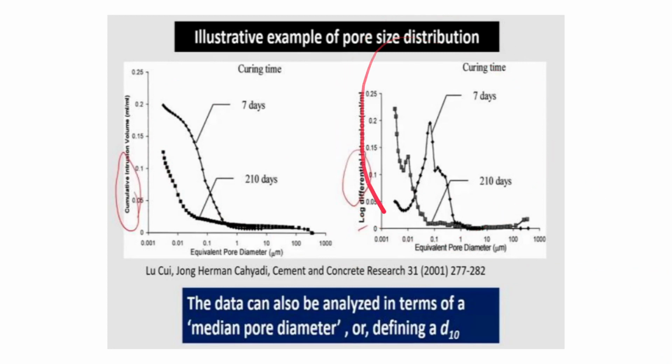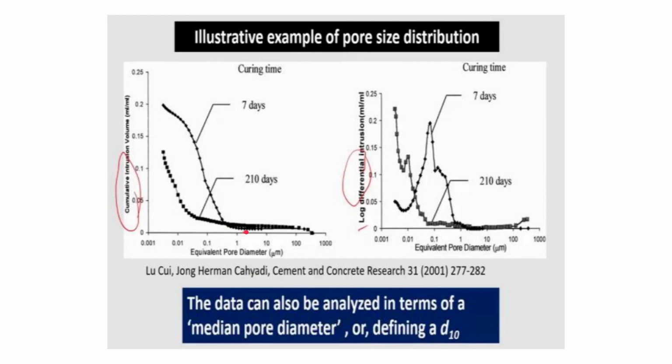Similarly, you can see in the log differential intrusion that similar things have been shown. This gives us the pore size distribution. Based on this we can also find out some new parameters, like the median pore diameter, or the size d10. d10, for example, is the size through which only 10% of pores can pass.